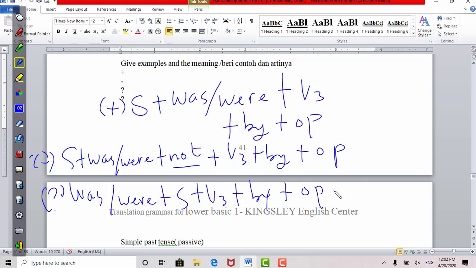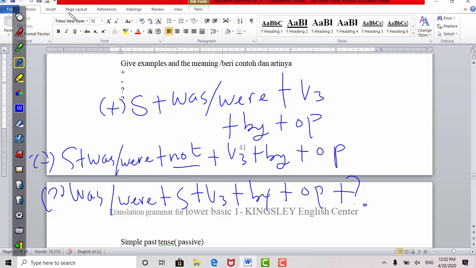This one for the question statement. So positive, negative, and question statement for simple past will be like this. So you can write down in your notebook or you can see your translation book over here.